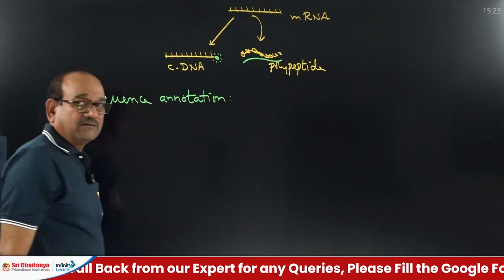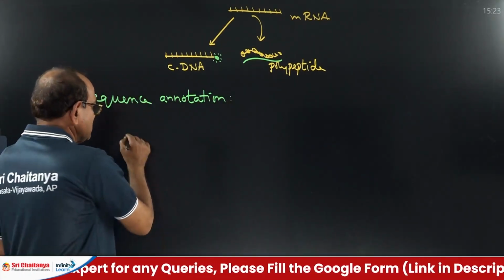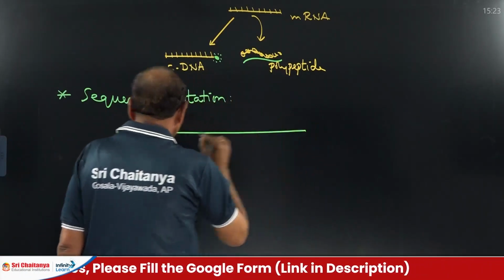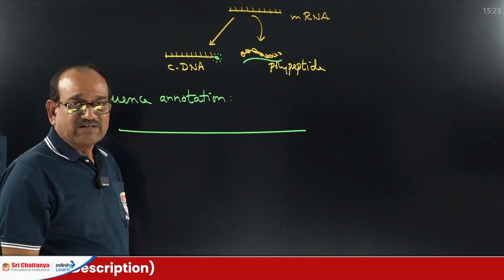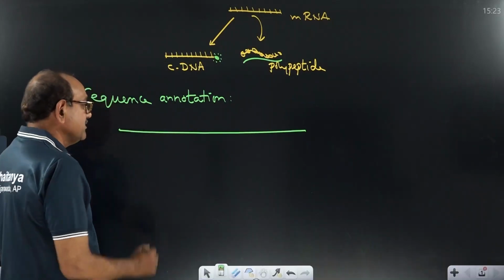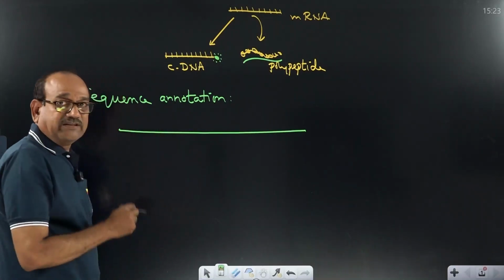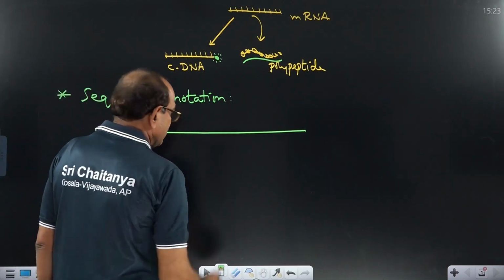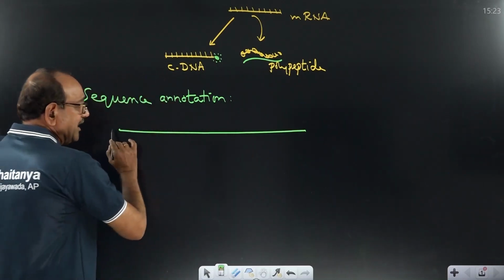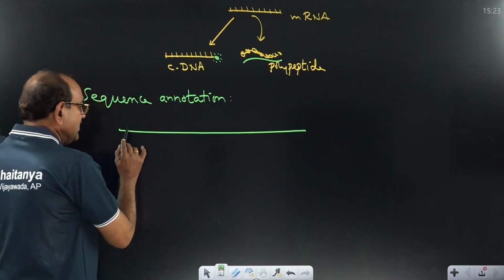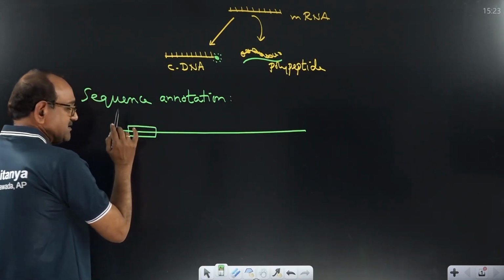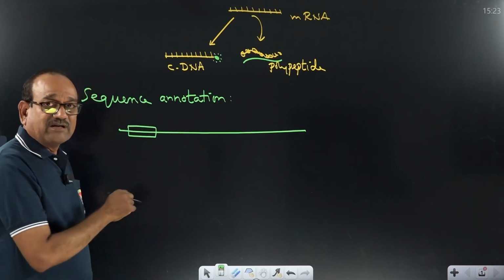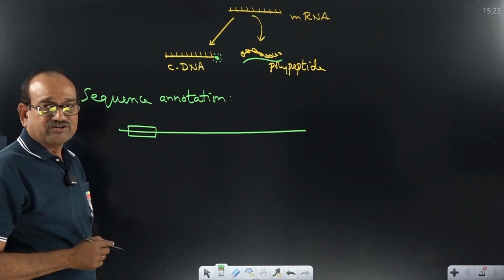In this method, we have to sequence the entire genome. That is, coding sequences, non-coding sequences, everything. Later, we have to assign their functions to this DNA molecule. For example, after sequencing, we have to assign their function. Suppose take this segment, whether this segment is having any coded information or not.